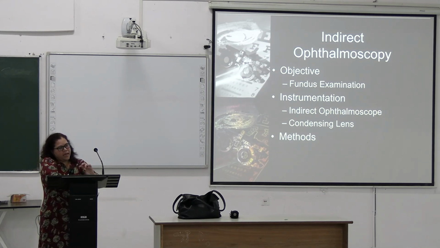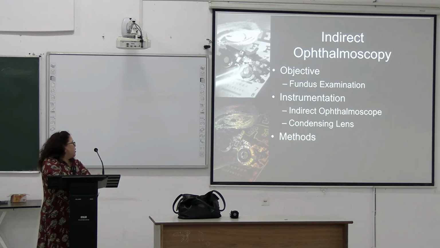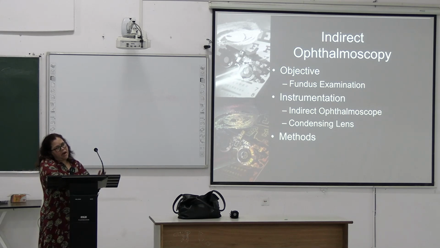Direct ophthalmoscopy advantages: it is handy, it can be taken anywhere. Magnification is 15 times. And the image formed is virtual, erect and magnified. And there is no need of a condensing lens in direct ophthalmoscopy. We examine up to the level of the equator.